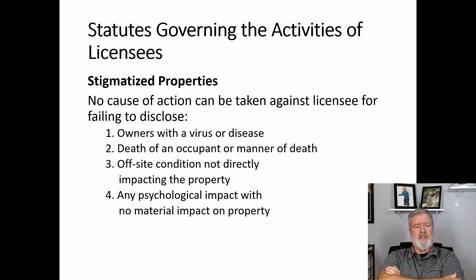But you see, we've got four things here on the slide that might be considered a stigma. Things like owners with a virus or disease. I'll tell you, not only would that be a stigma, there are laws. That'd be considered discrimination. For example, if a buyer asks me, Frank, do you know if the seller has HIV?